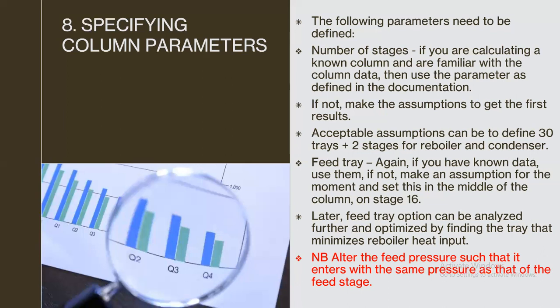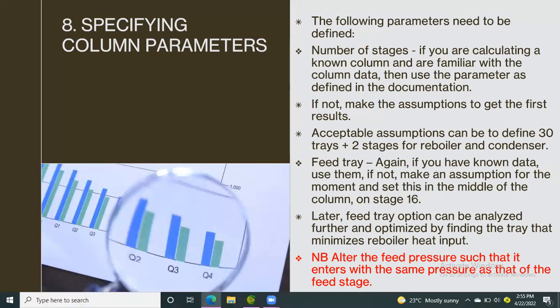And you should alter the feed pressure such that it enters with the same pressure as that of the feed stage. Of course, it should be slightly higher so that you can drive your feed into the distillation column, right? So now we'll go back to the simulation and I'll show you how to specify streams.